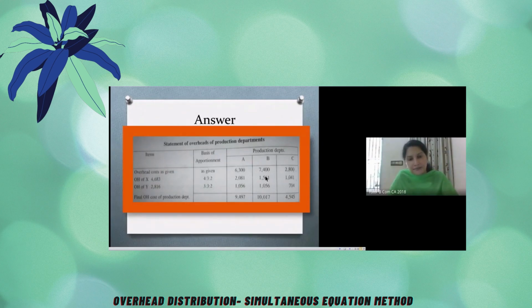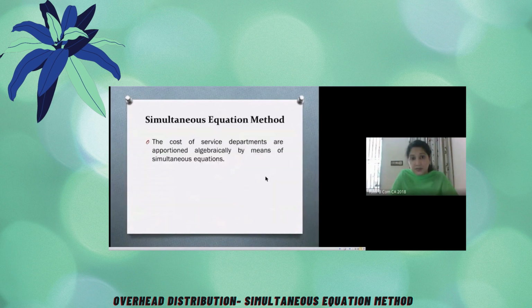So what we have to remember here is, when you hear the keyword equation method, that has to strike you that, yes, I have to come up with an algebraic formula for solving this. That's the key. Direct distribution, we are directly distributing to all until it gets nullified.